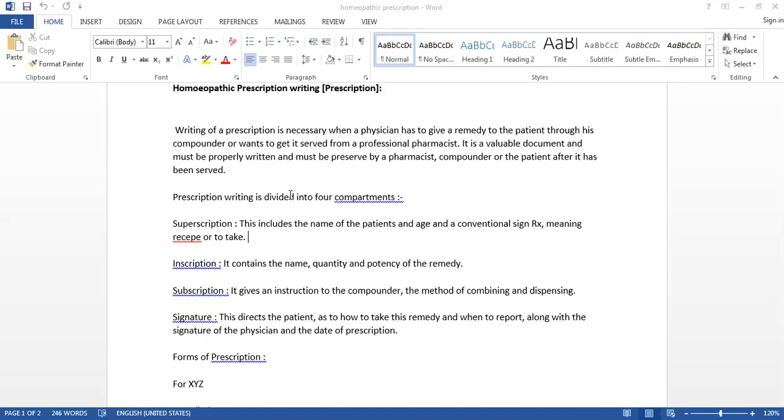Here is a question for you. What is the Latin and the English meaning of GT, capital G, small t?